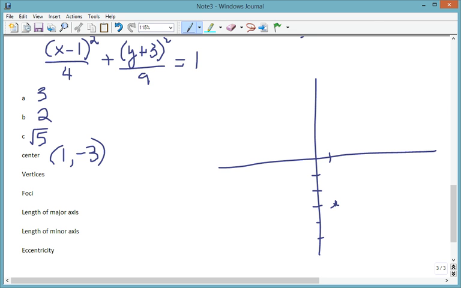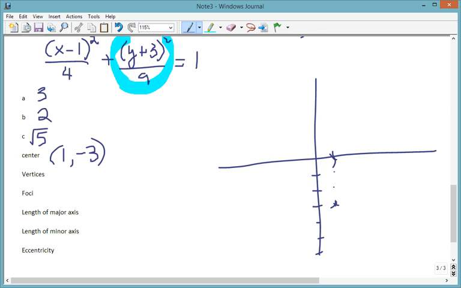Okay, so now I'm going to go up a and down a, because since a is under the y part, we're going up and down from our new center. Okay, so I'm going to go up 3, so that'll be 1, 2, 3. That puts it right on the x-axis.